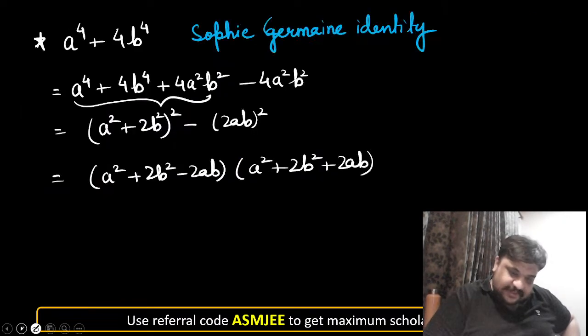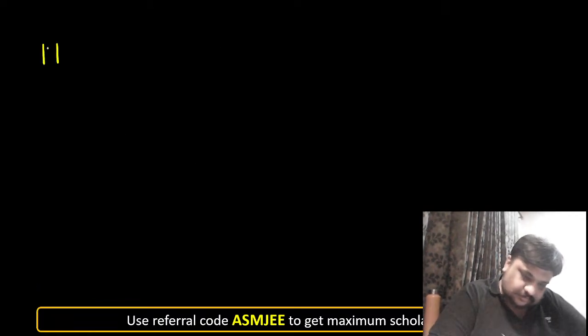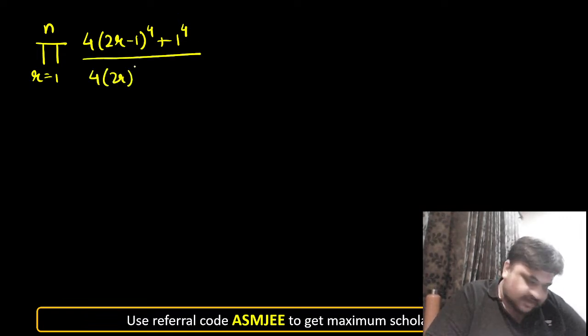So let's try in that page. Product r equal to 1 to n of 4 (2r minus 1) raised to power 4 plus 1 raised to power 4, and it is 4 (2r) raised to power 4 plus 1 raised to power 4.